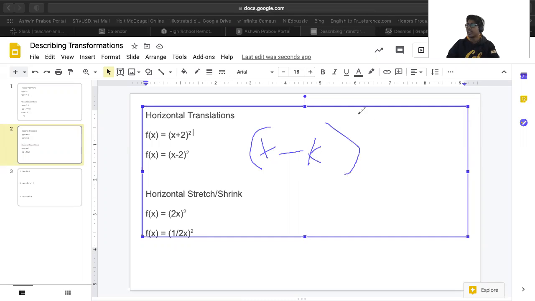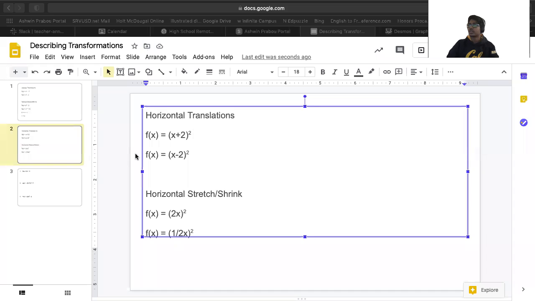And so the k value would already start off as a negative. So when you have moving left 2 units, it would be plus 2. Let me just erase this. So when you replace it, you would get plus 2. And then you know how it's the opposite for x minus 2.